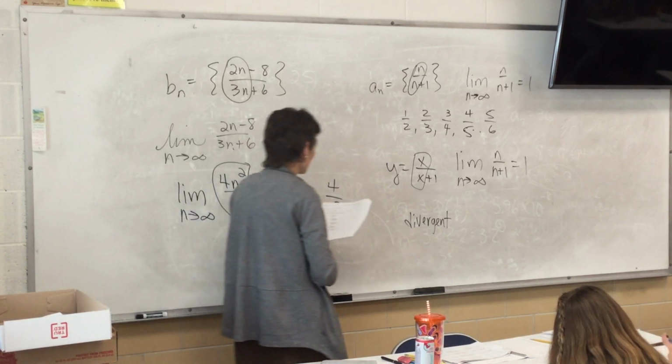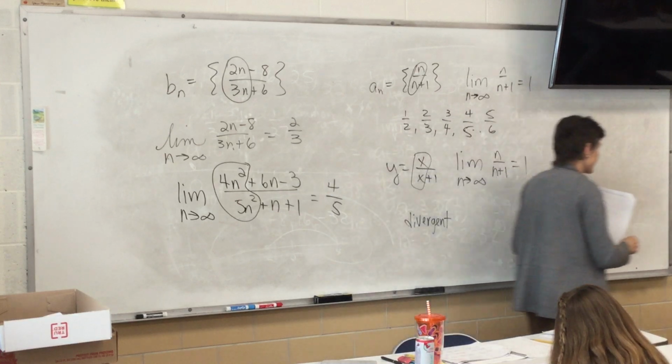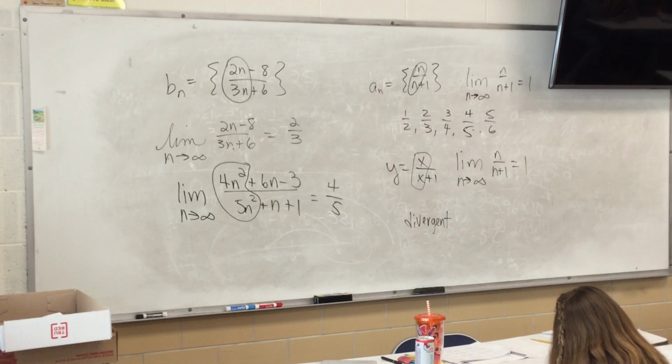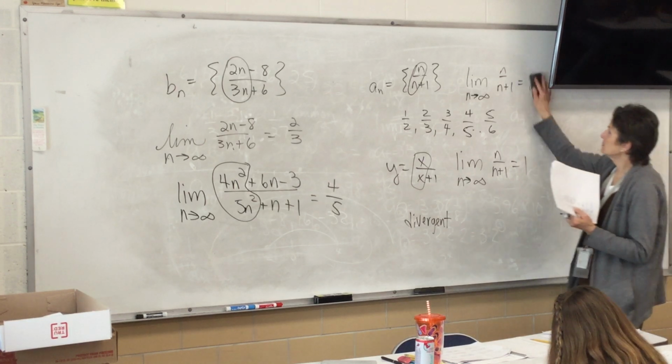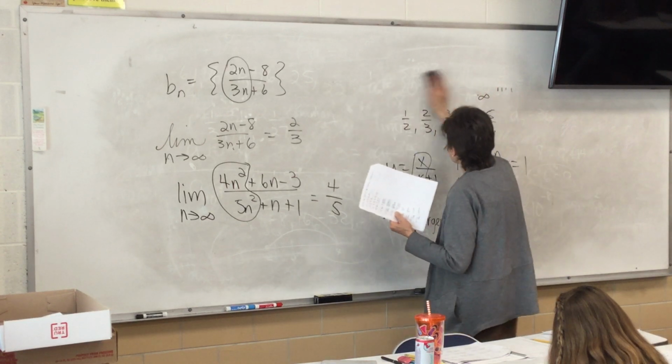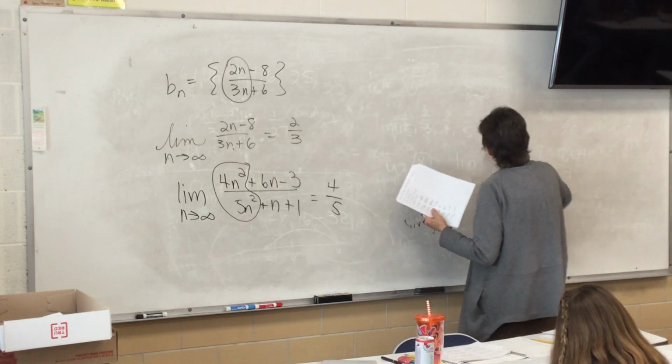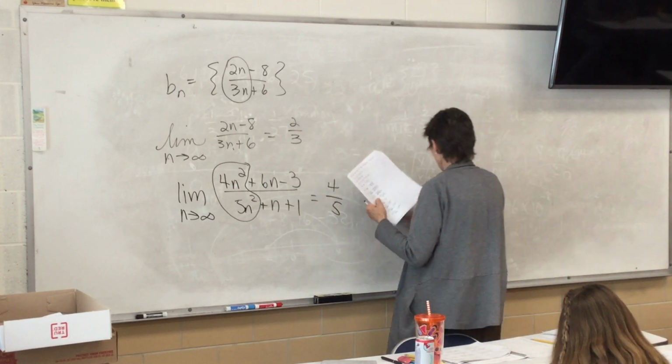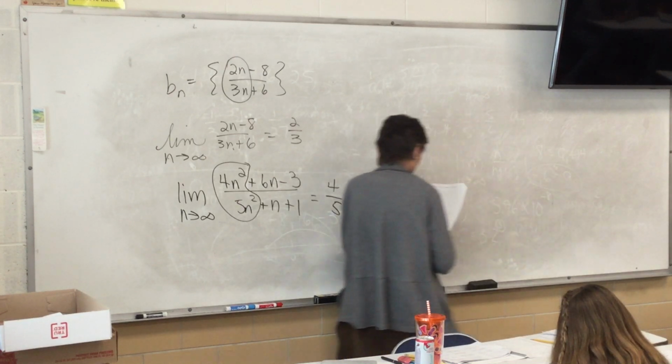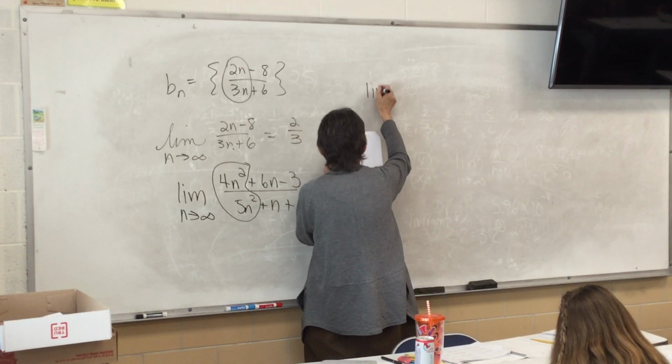Now, what about G? Something is a little different about G. What do you notice about it? Well, the powers don't match, right? Yeah. So then your answer depends totally on where the big one is.